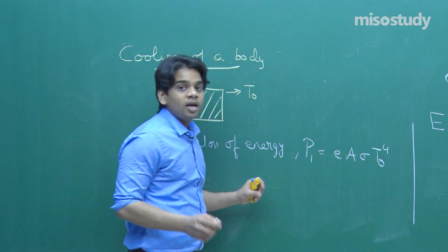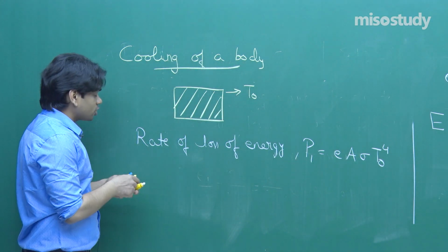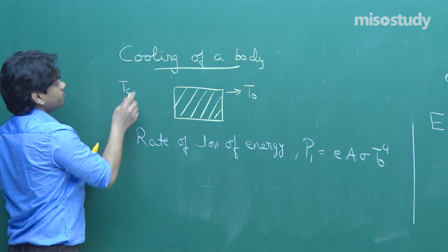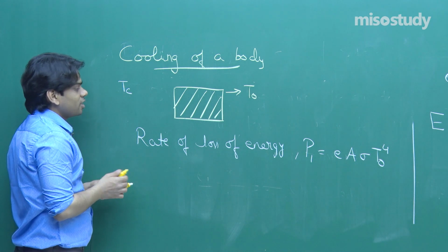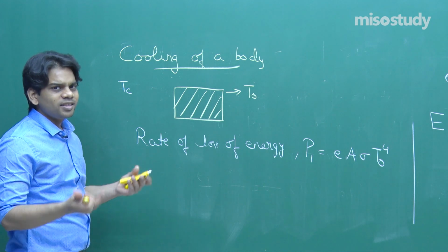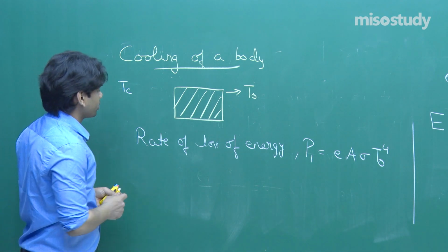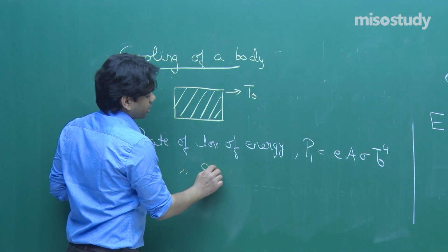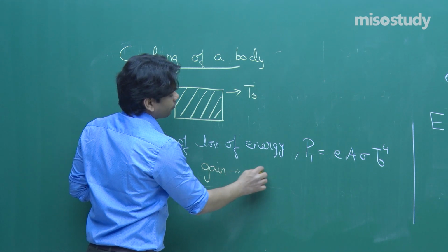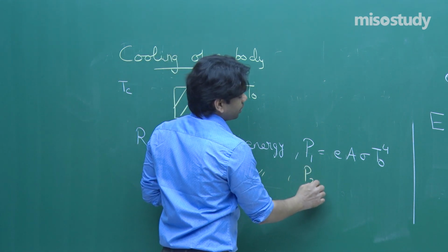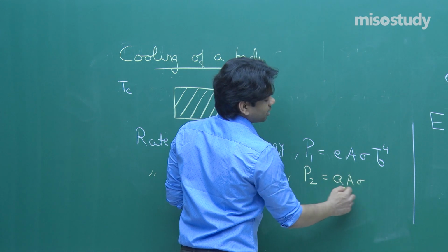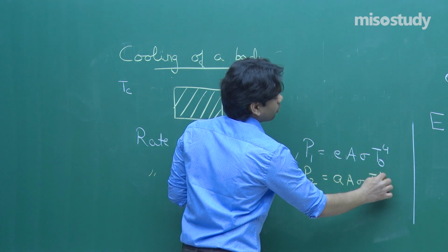Now, from all other sources, if the room temperature is, let's say, Tc, it is also going to receive energy that is incident on it. So the rate of gain of energy will be P2, given as A sigma Tc to the power 4.